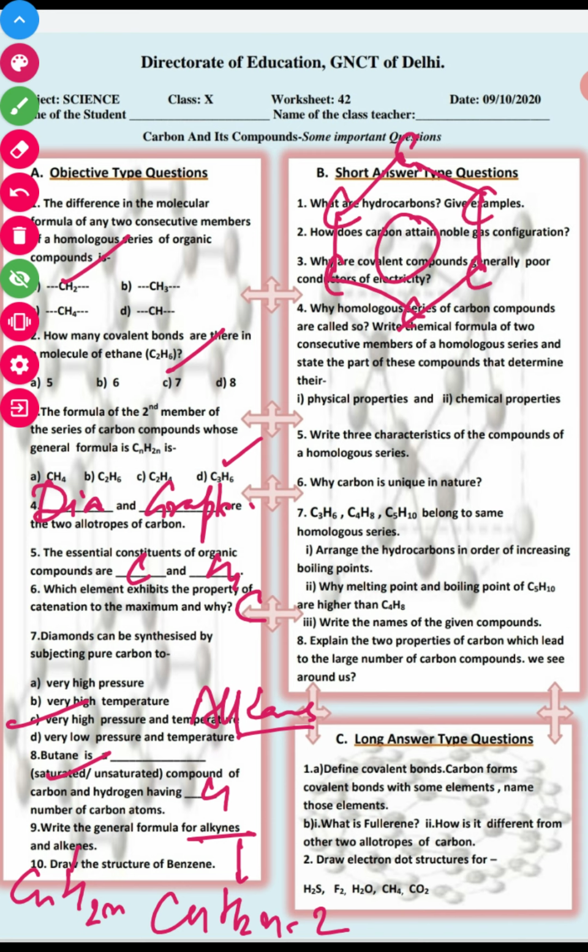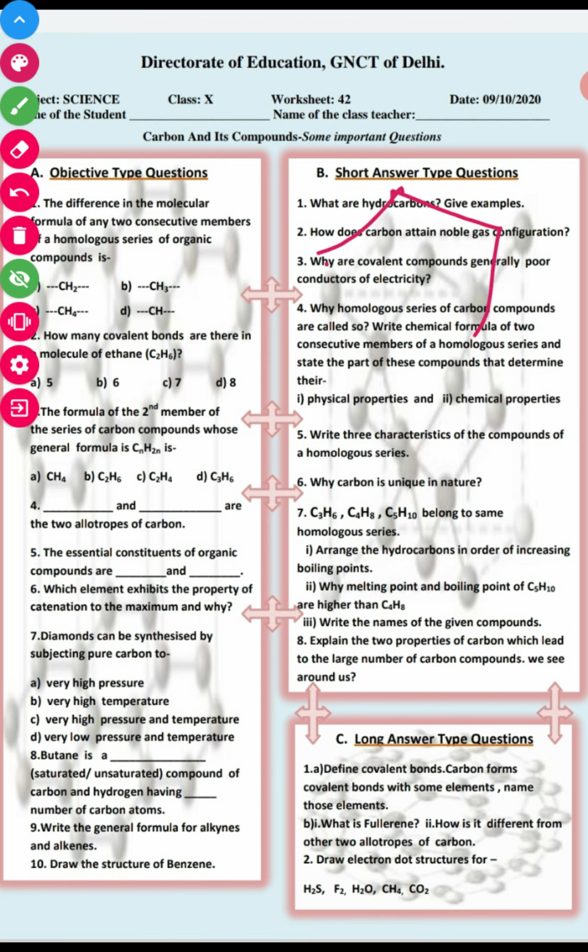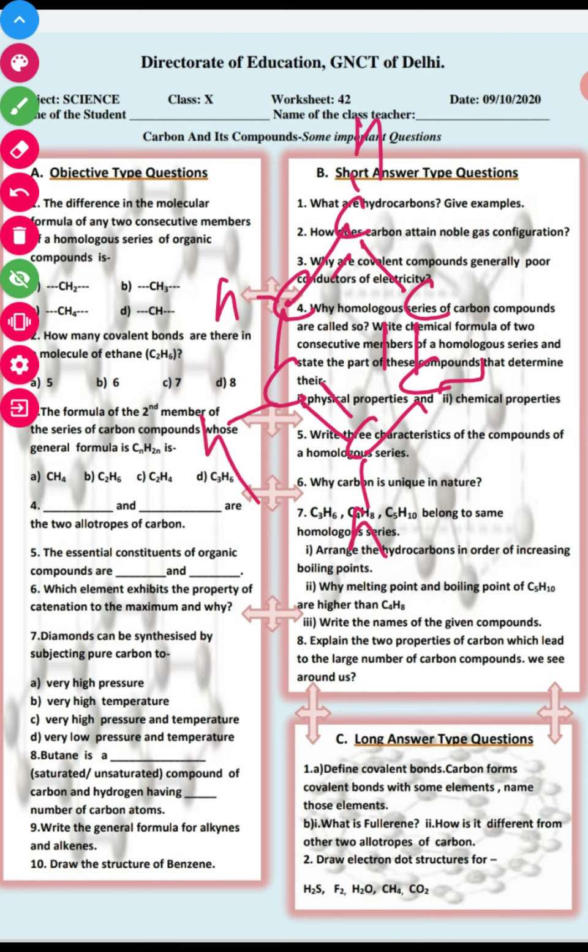Okay, and also the benzene ring can be drawn like this, but in your syllabus you have to draw it like this: 1 2 3 4 5 6. Then alternately double bonds are present, and there you have hydrogen. So this is the structure of benzene.